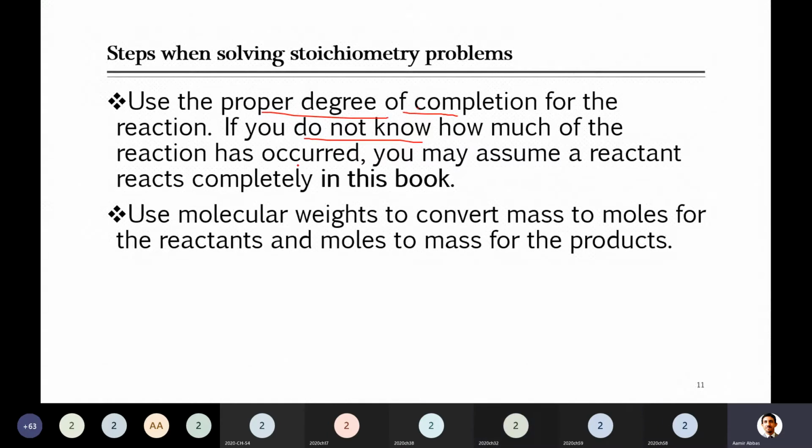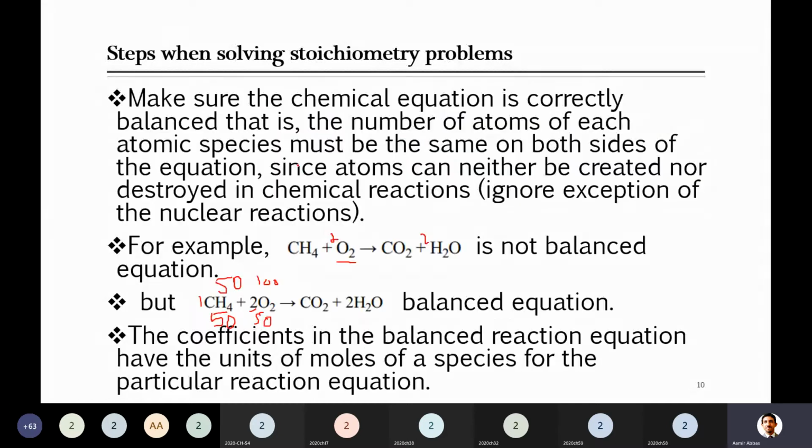Why am I talking about this point here? Because you are dealing with moles in these equations. When you write the material balance equation, suppose you write the amount of oxygen consumed, the amount of CO2 produced.